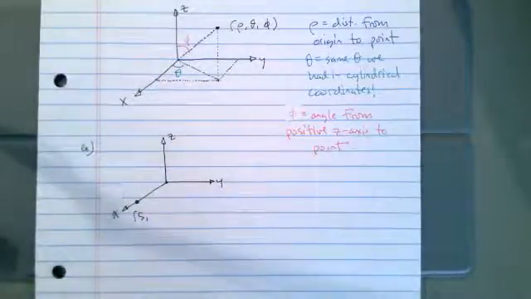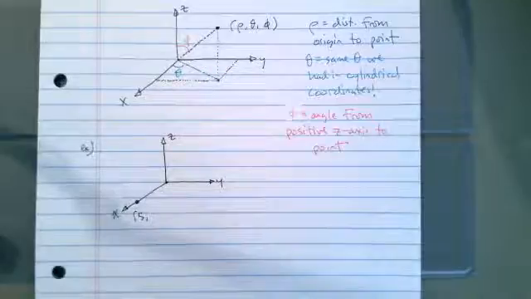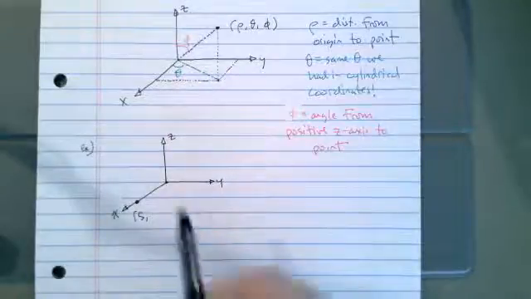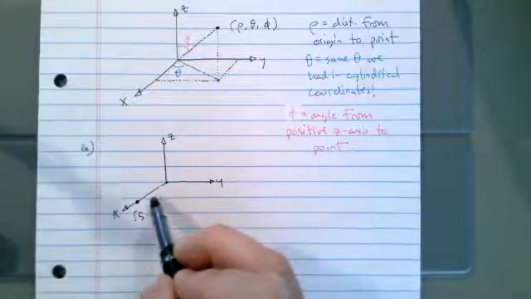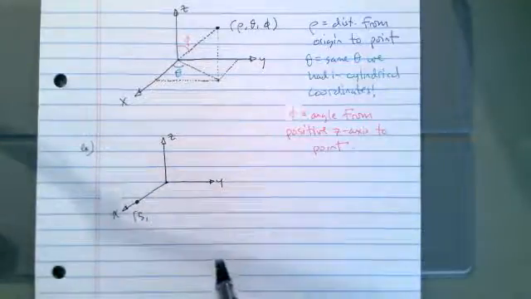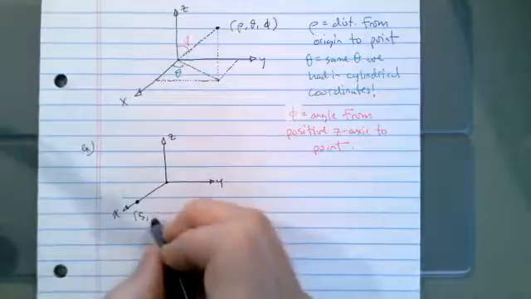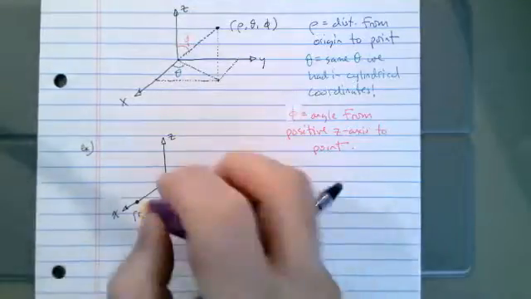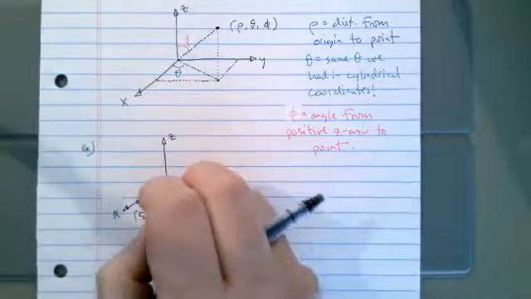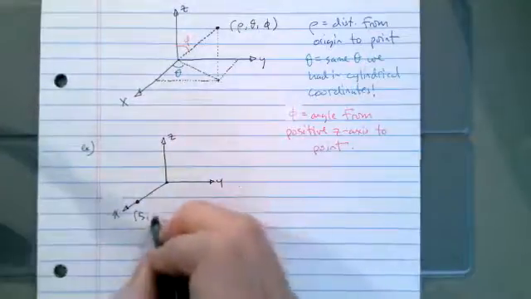What is the angle theta that gives this point sitting on the x-axis? At that point on the x-axis, what is the angle theta measured from the positive x-axis to that point? 0. I wrote theta when I wanted to write 0 because theta and 0 have merged into one thing.